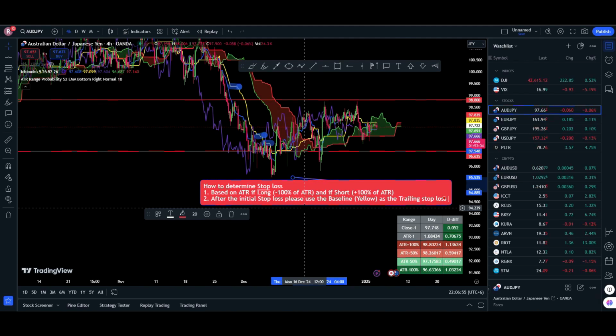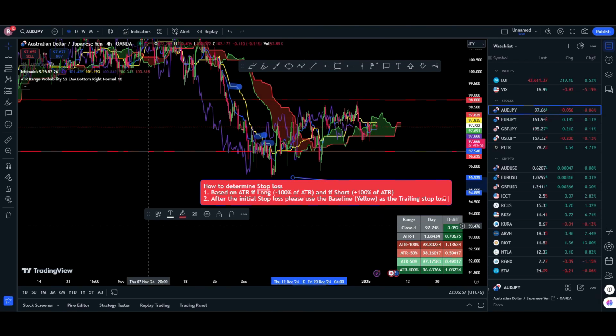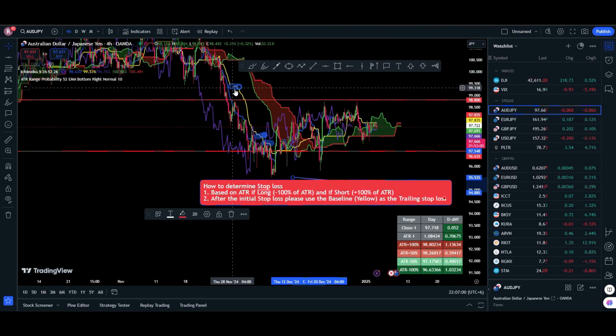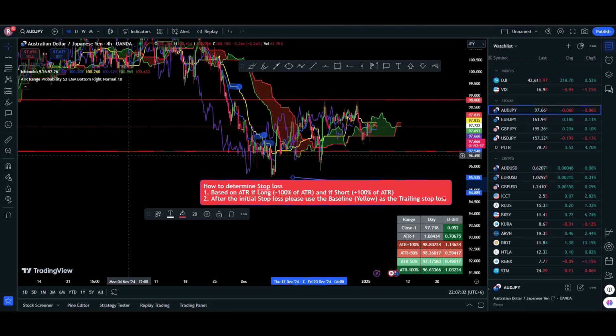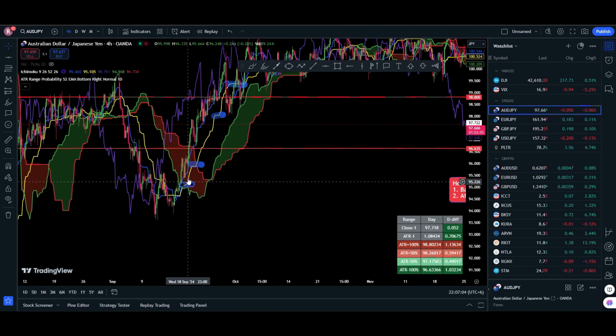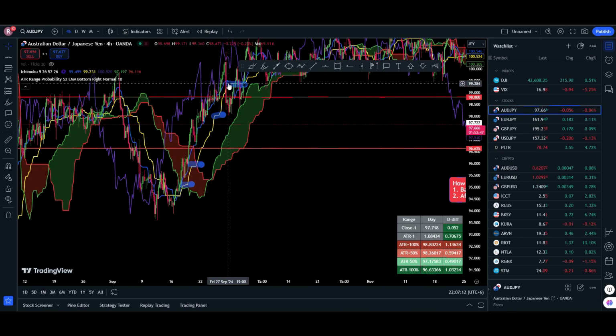Okay, so either it is long or short. If it is short, you will use this line as a trailing stop loss. If it is long, we will use this line as a stop loss. You can see this is the trailing stop loss for short. This is the trailing stop loss for long.